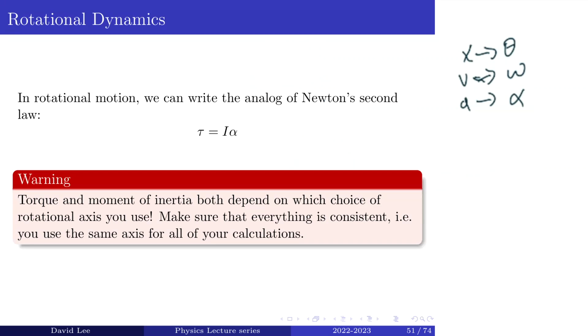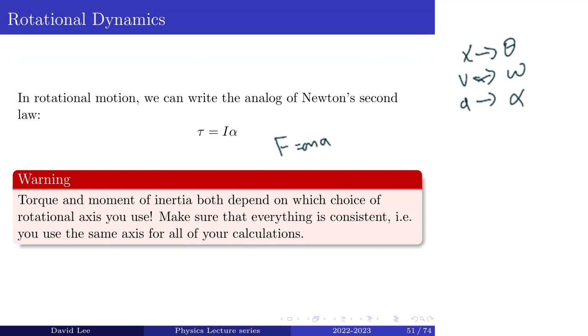Now we can finally get to Newton's second law for rotation, which is torque equals I alpha. So this is very similar to F equals ma, because we've already established that alpha is angular acceleration. It's basically the same as normal acceleration, but for angles, right?